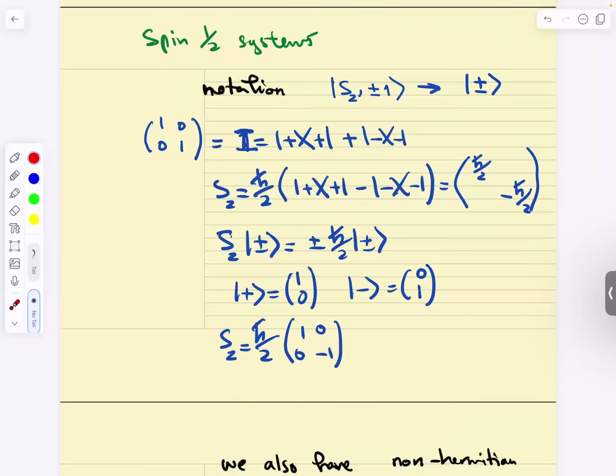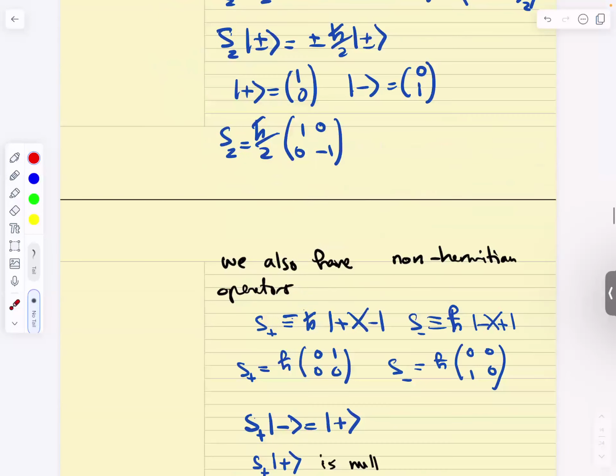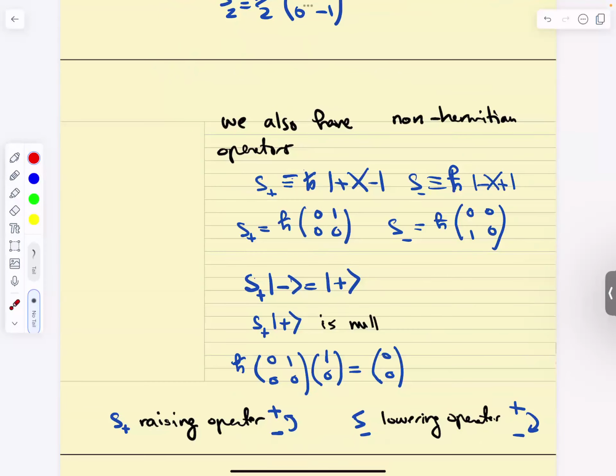Questions? Now, so far, I've only talked about observables. We also have operators that are not observables. These are operators that are non-Hermitian.